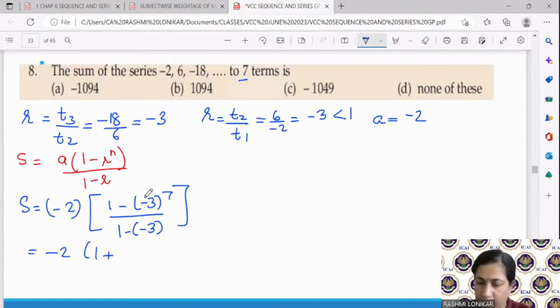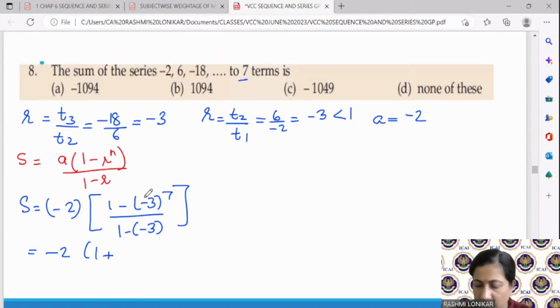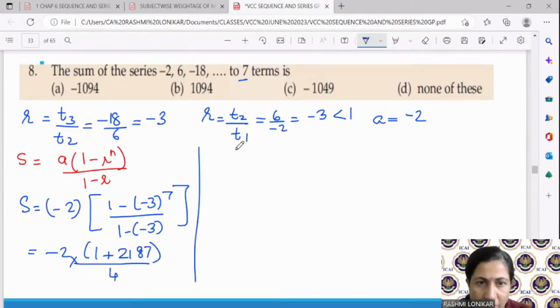3 raised to 7: 3, 1, 2, 3, 4, 5, 6, 7. So that is 2187 upon 1 minus of minus 3, which is plus, so this becomes 4. So this is equal to minus 2 into 2188 upon 4. 4 1s are 4, 4 5s are 20, 4 4s are 16, and 4 7s are 28.